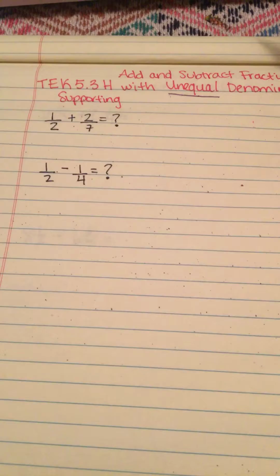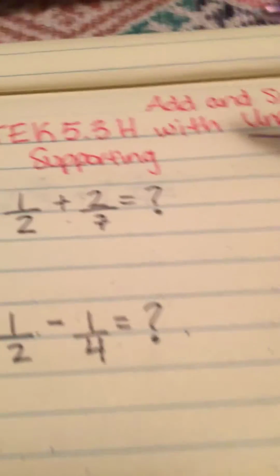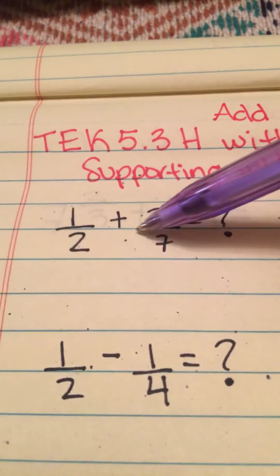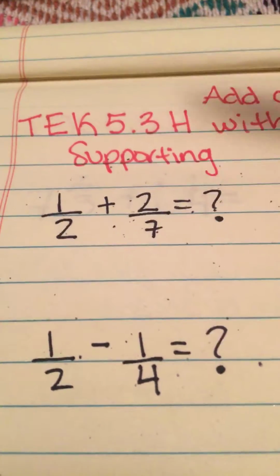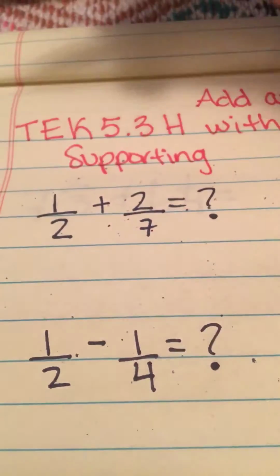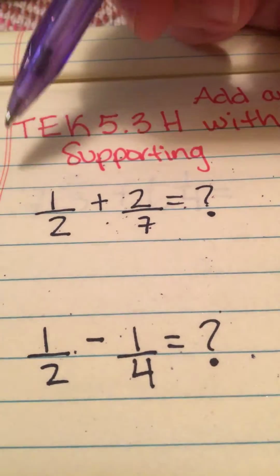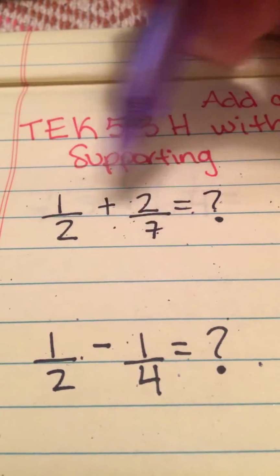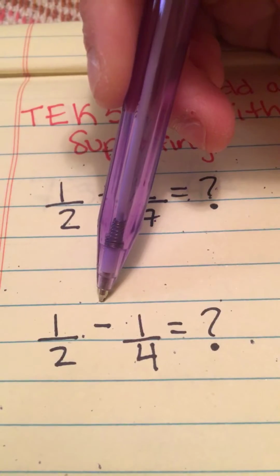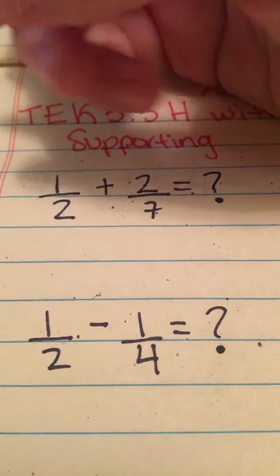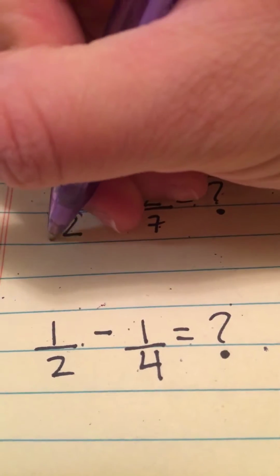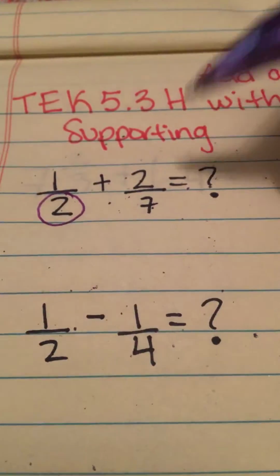If we look at the first one, I have 1/2 plus 2/7 equals, we don't know yet, right? First things first, when you're on the STAAR and you come across a problem where you have to add or subtract fractions, you want to make sure that you have the same denominator. So I have my 2 here, 7 here.